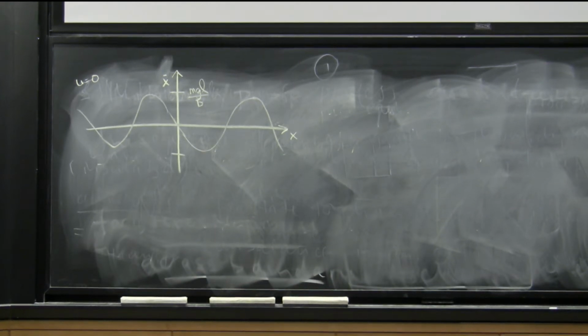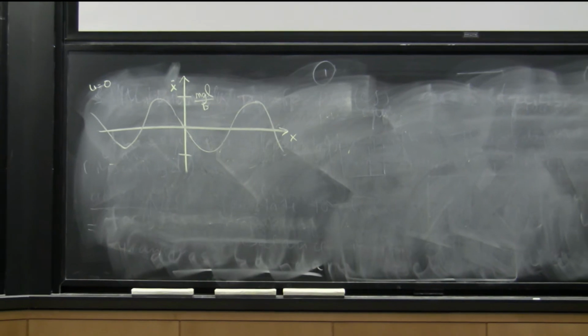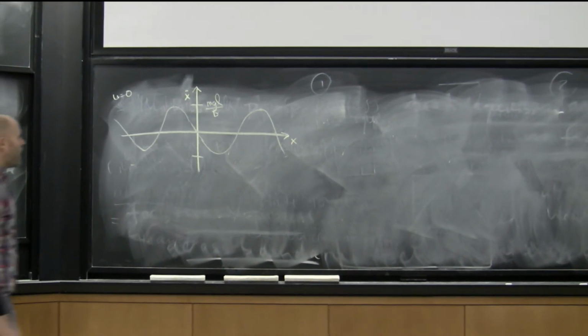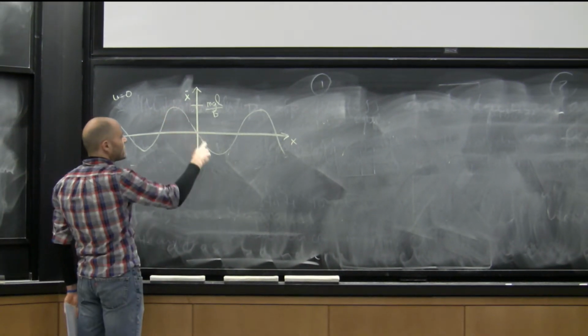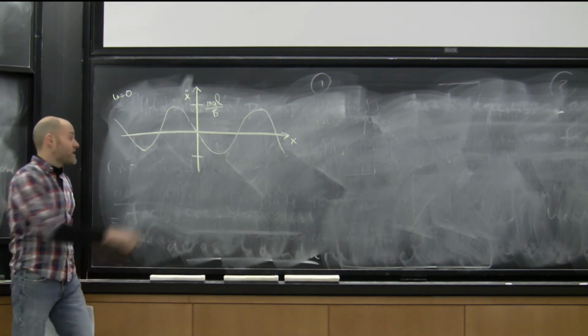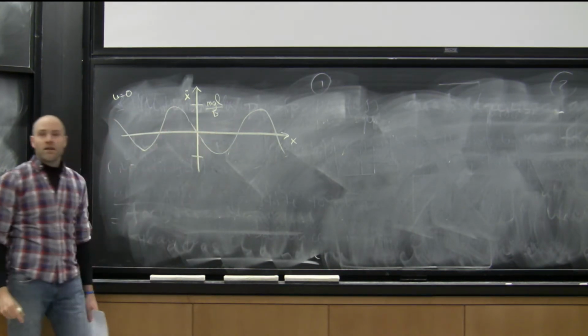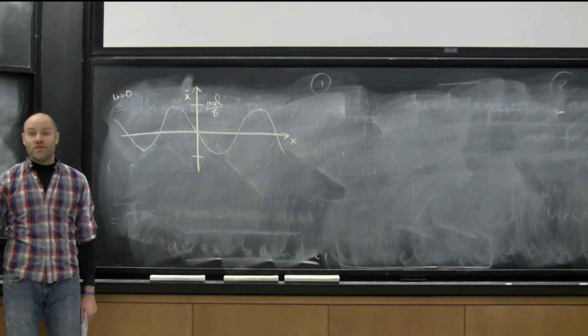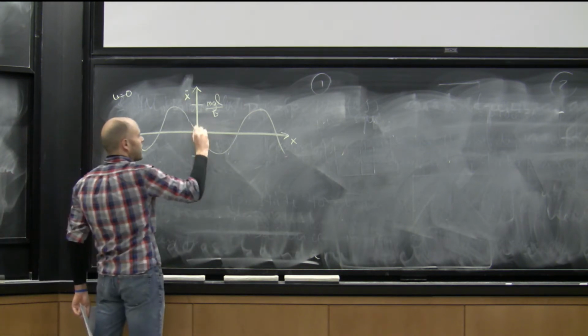Now by inspection, I can tell you everything that this overdamped pendulum is going to do. First of all, I know every time that the plot crosses the x-axis, that's a fixed point of the system, right?